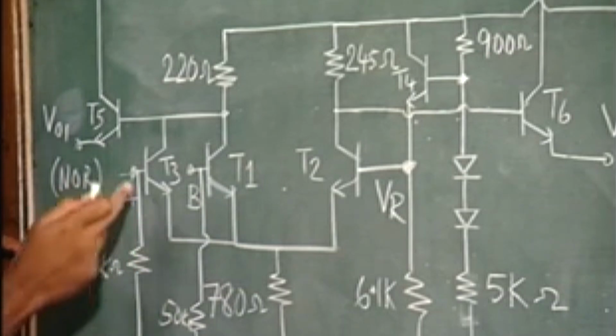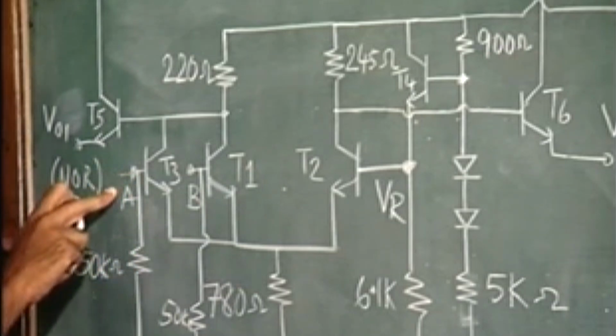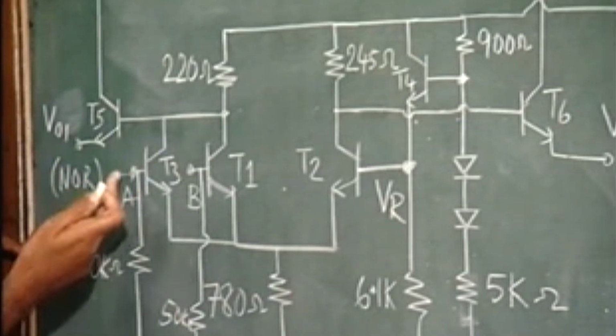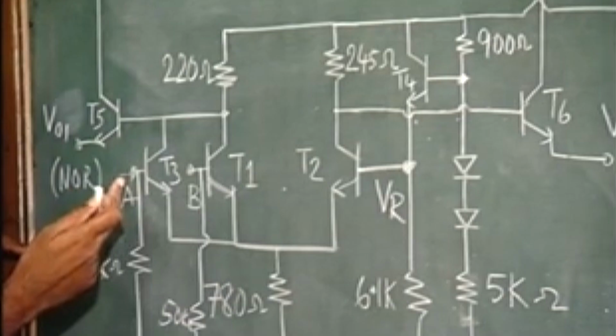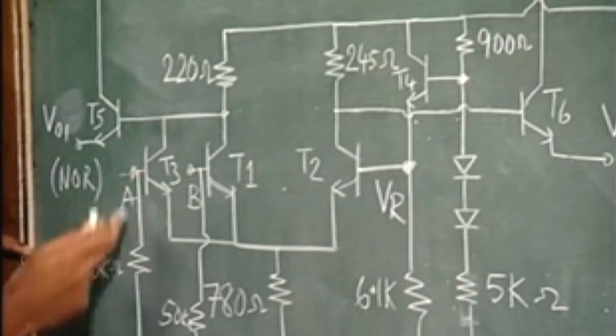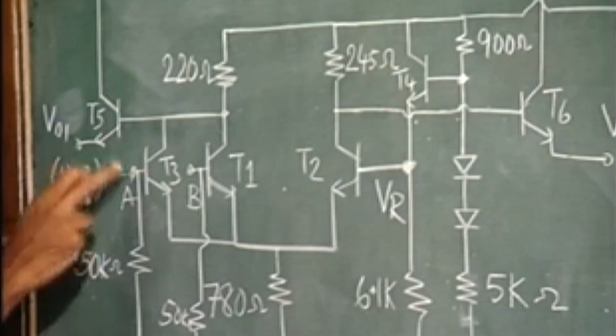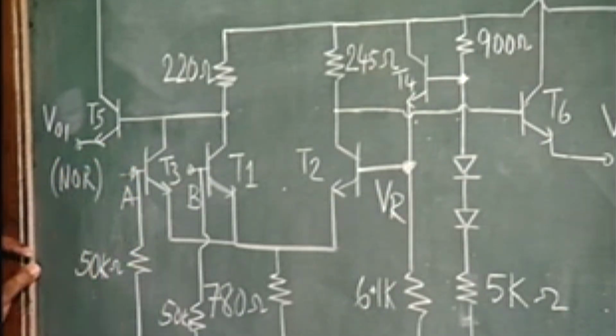So, if any input is left floating, it will be a low voltage, a logic 0 at the input. You are not leaving the input floating, which can give rise to a lot of problems.